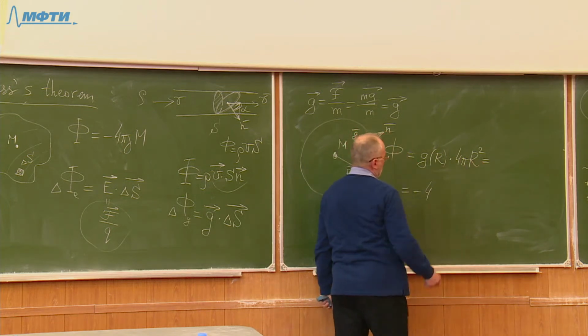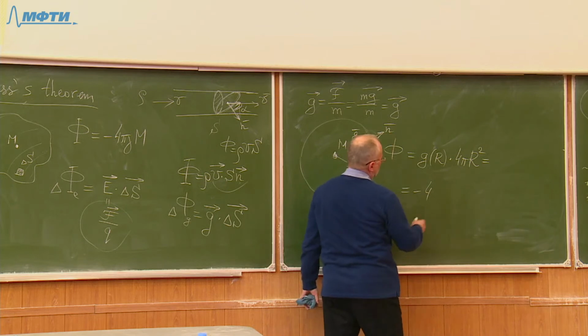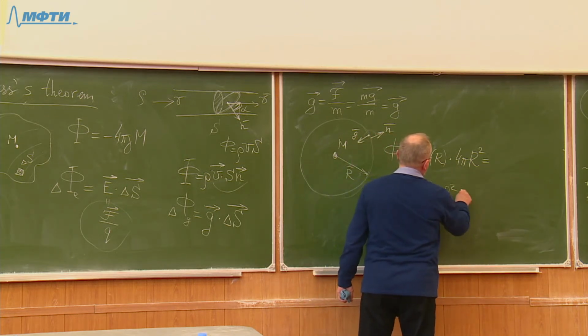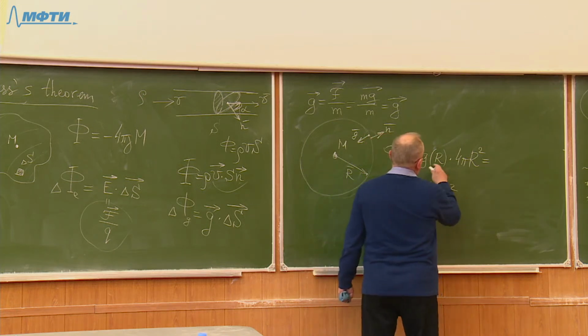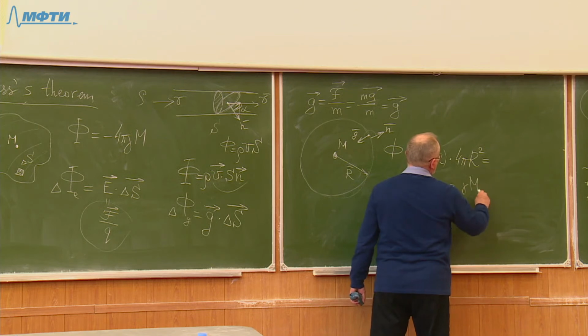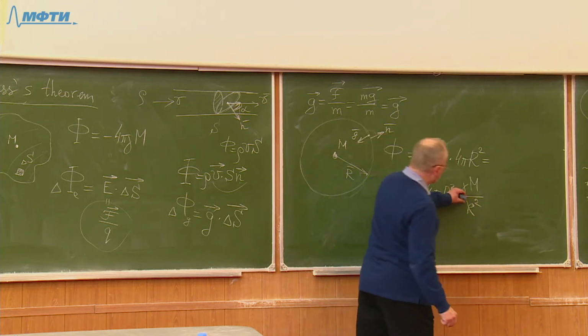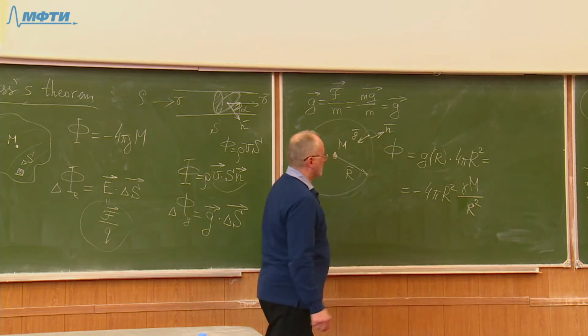And what about the magnitude? That will be 4 pi r squared, and the acceleration of free fall will be gamma M according to Newton's law of universal gravity divided by r squared, the same r squared.